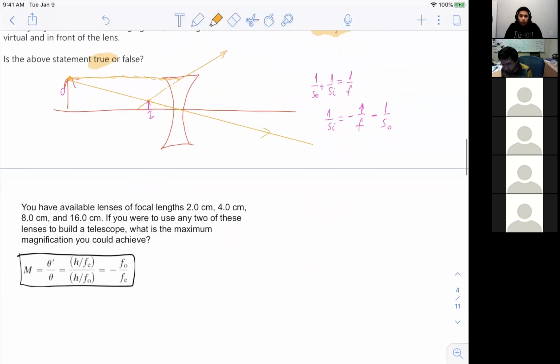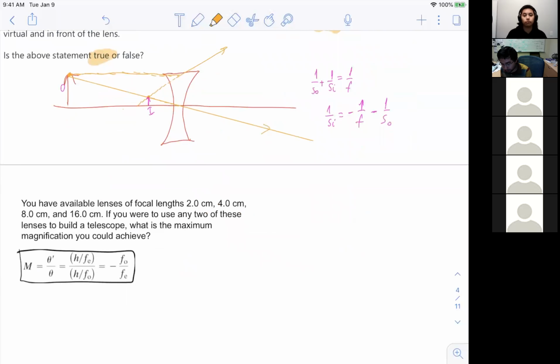For the next one, you have available lenses of focal length 2, 4, 8, and 16, and you're trying to build a telescope. What's the maximum magnification you could achieve? The magnification is proportional to the ratio of the objective focal length and the eyepiece.